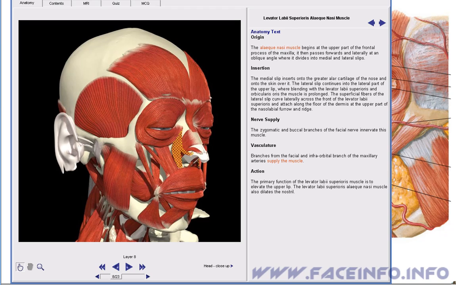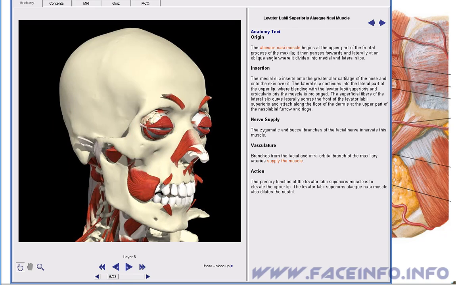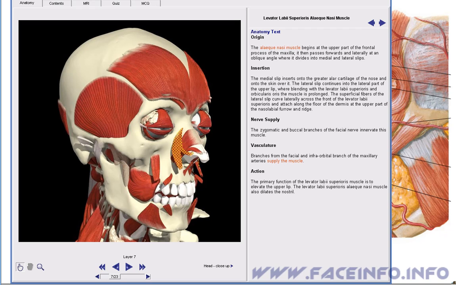So, and this muscle is called the levator labii superioris alaeque nasi muscle. The levator labii superioris alaeque nasi muscle begins at the upper jaw, at the upper part of the frontal process of the maxilla.